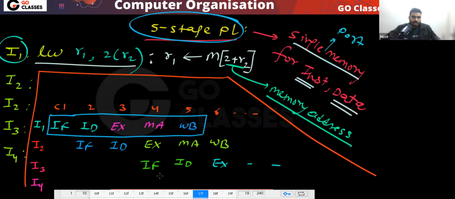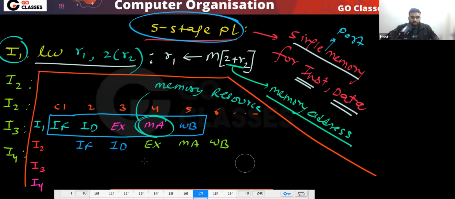In this situation, this load is already accessing the memory, correct? You are accessing this memory resource. So tell me, can I do this instruction fetch? You can notice this will be IF, ID, EX, M and so on.